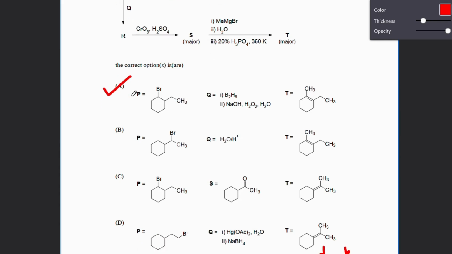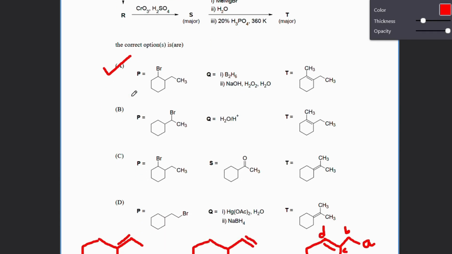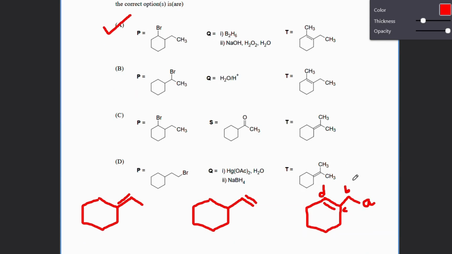Now, to proceed with option B, the Br is added at position B as marked in this compound. Now, for it to be added at position B, the alkene needs to be like this.